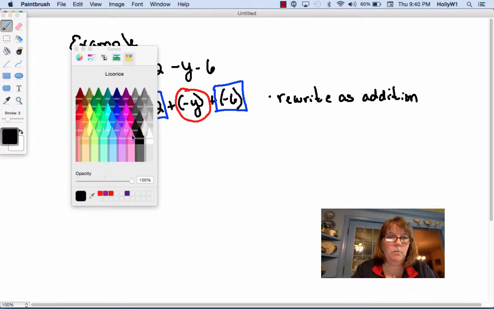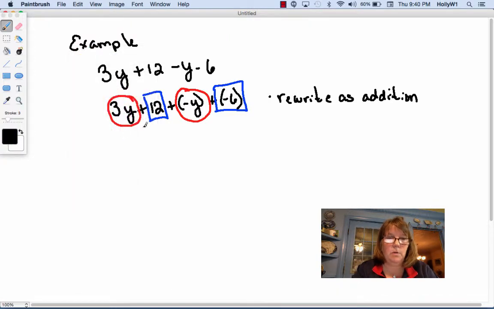All right, now we're going to rewrite this in order of the like terms. And we can rewrite it because of the commutative property that says that we can reorder addition. So we have 3y plus a negative y plus 12 plus a negative 6.